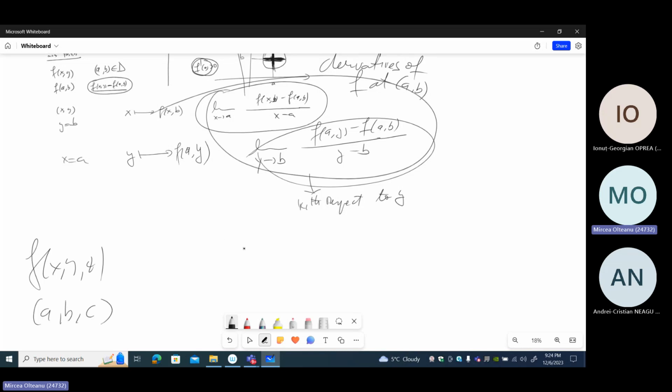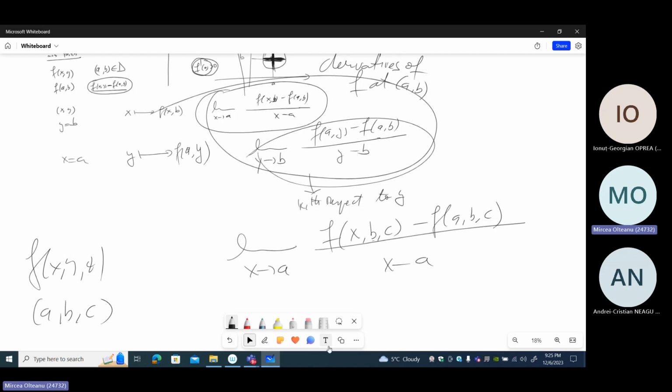The partial derivative with respect to x will be the limit when x tends to a of (f(x, b, c) minus f(a, b, c)) over (x minus a). So we fix the variables y and z, giving them constant values b and c, and now we have a function of one single variable x.